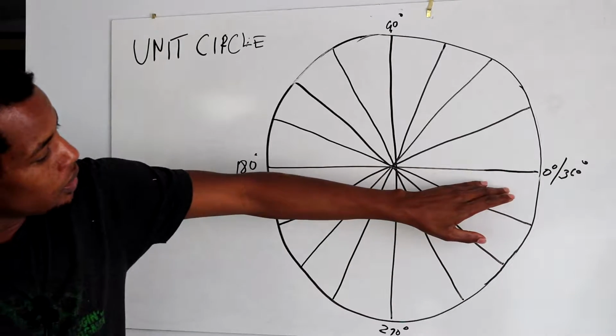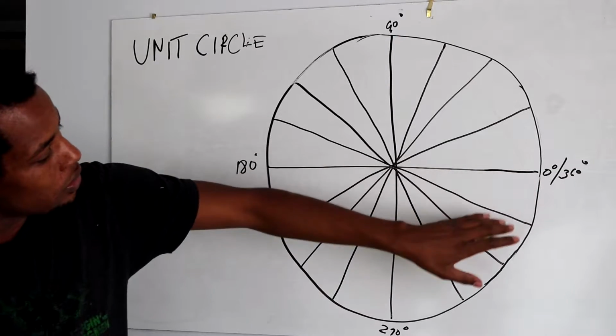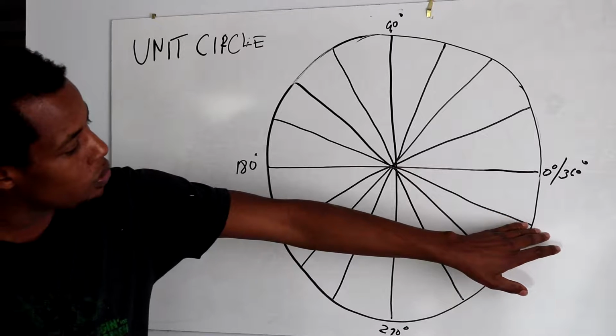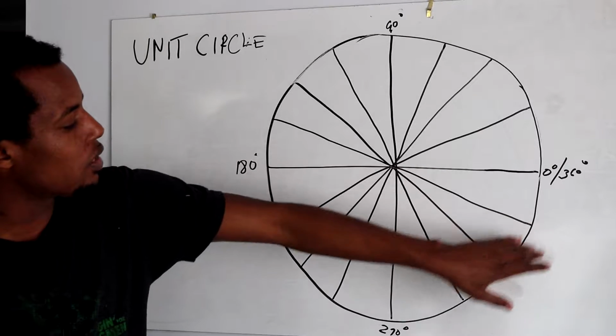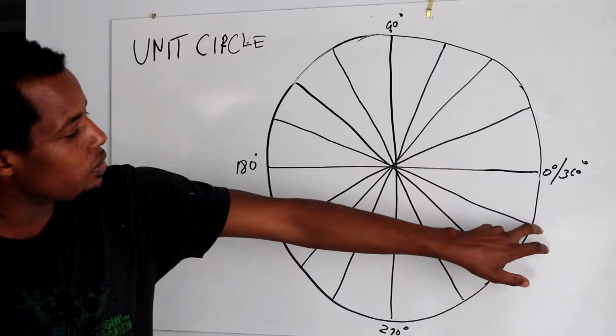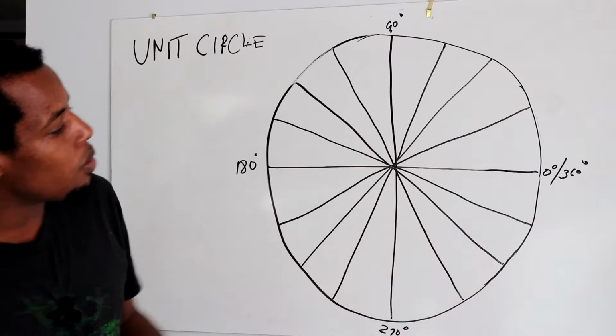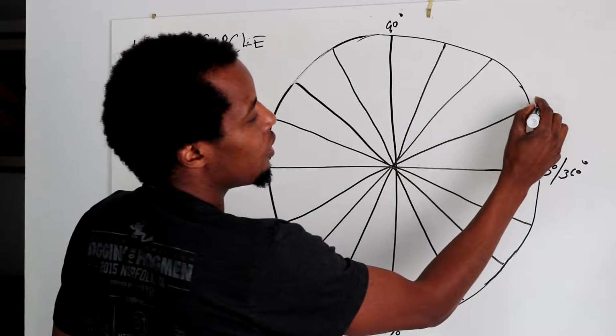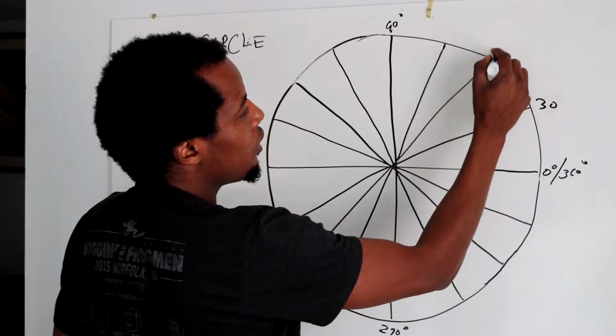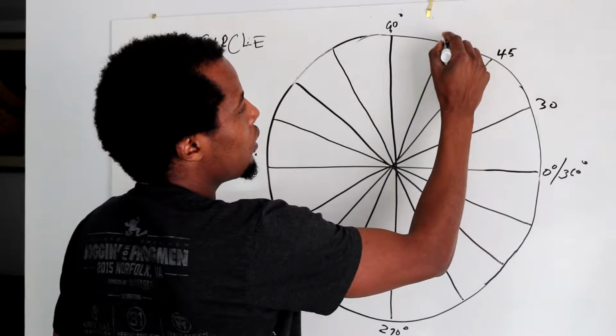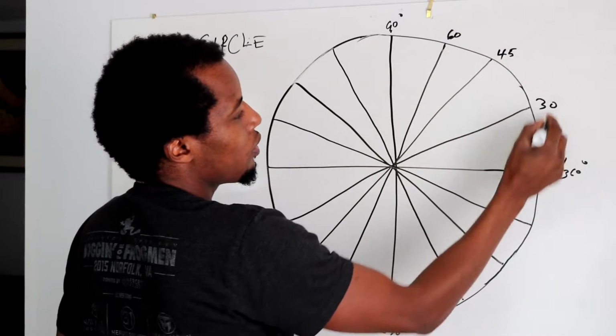Between here and the first mark is 30 degrees, then 15 degrees. So basically it's 30 degrees here, and this is 45, and this is 60 degrees.